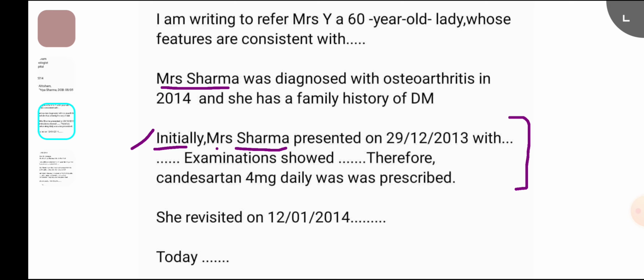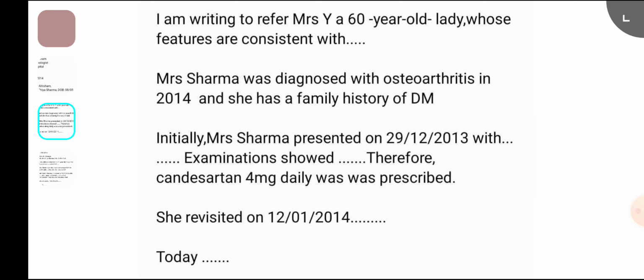Then you can write she below. If you have really long paragraphs, try to start the paragraph with the name and then you can write he or she below that. But if there's a smaller one, at least up to the initial paragraph, write the name of the patient. Don't write that initially she presented to me. Write the name and then you can use he and she below.